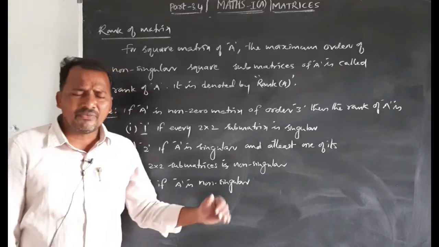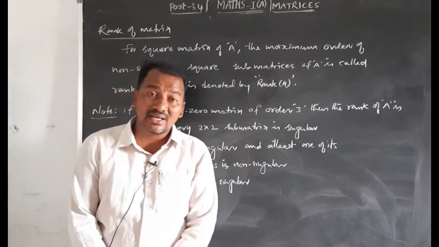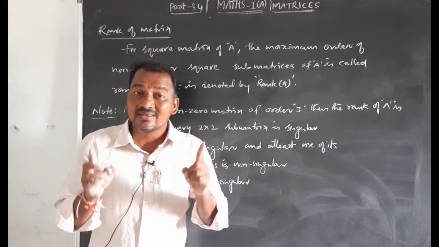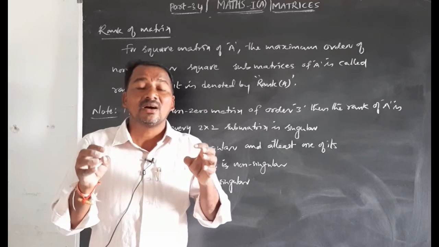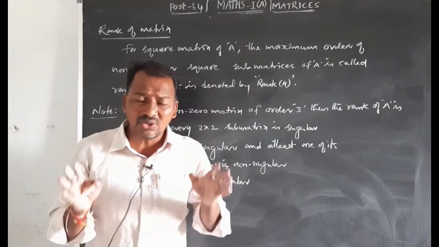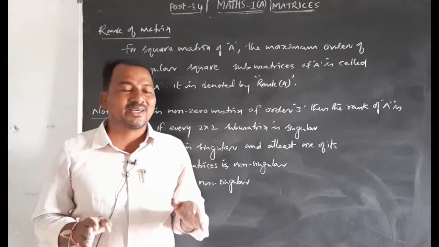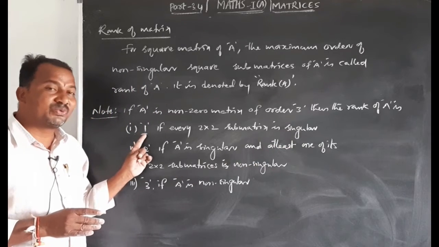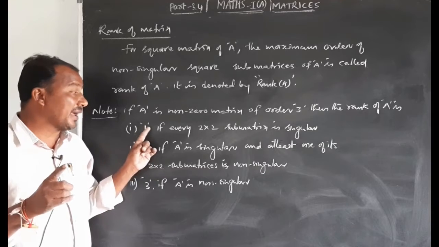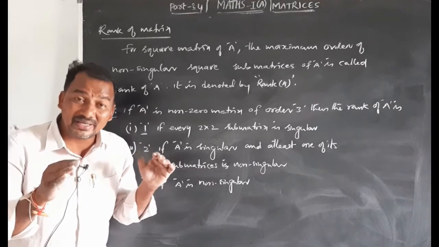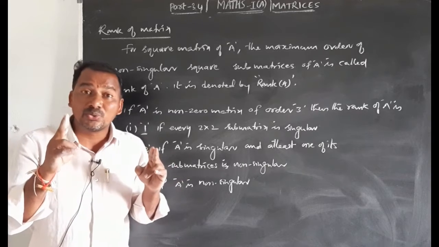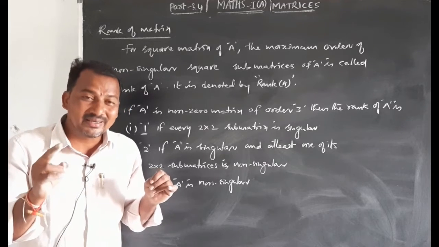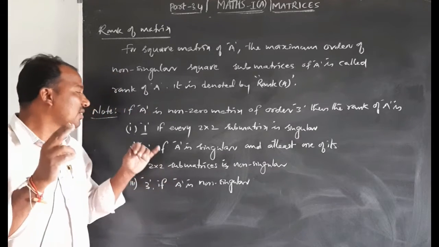Singular means the determinant equals 0; that is called a singular matrix. Every 2 by 2 submatrix being singular means that rank of A equals 1.